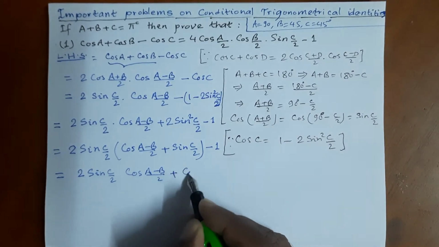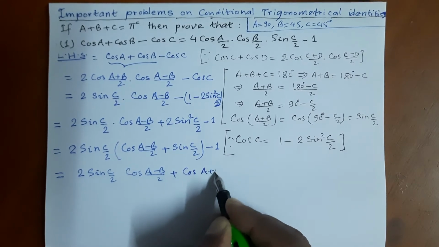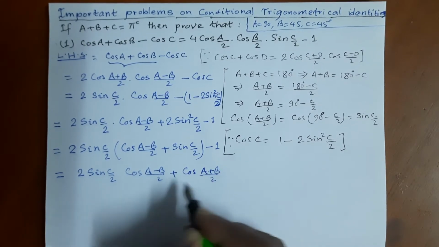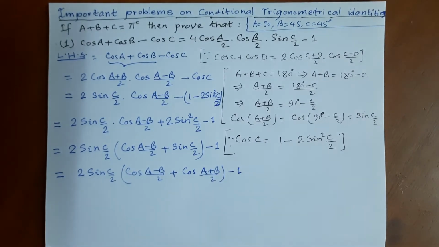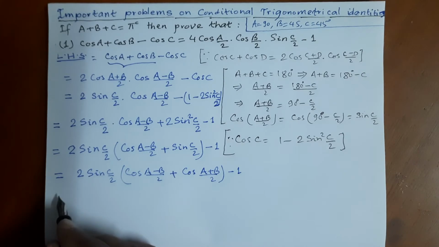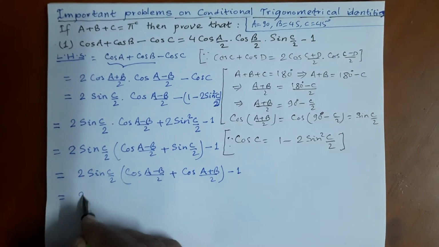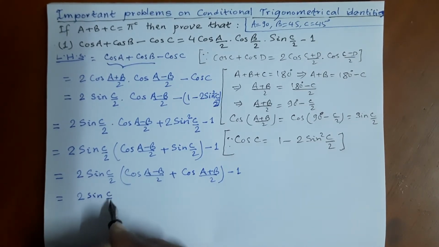So you can write that as cos (a plus b)/2 minus 1 at last.